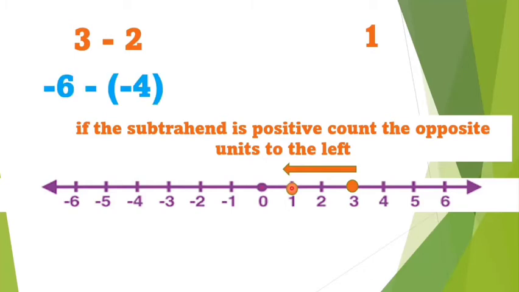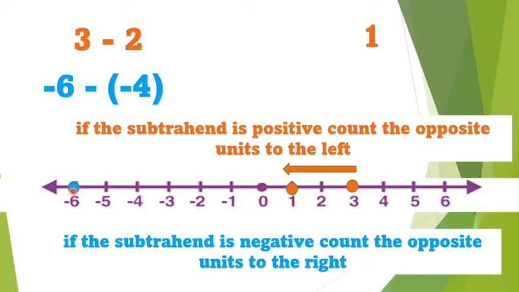What if we have negative 6 minus negative 4? Same process, locate the minuend, which is the negative 6, and plot on our number line, and then if the subtrahend is negative, count the opposite units to the right. So, since negative ang ating subtrahend, which is negative 4, we're going to count the units papunta naman sa right.